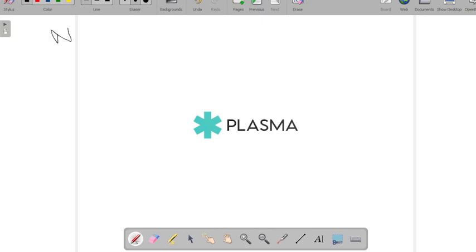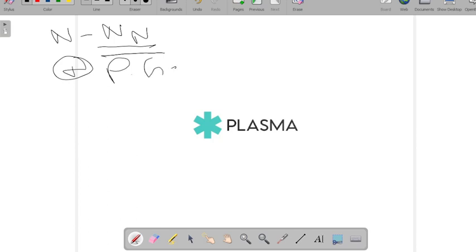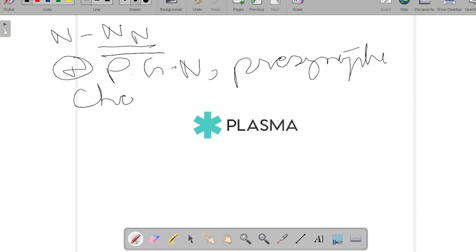Now nicotinic receptors, nicotinic N receptors, they are present in postganglionic neurons, some presynaptic cholinergic terminals, right?